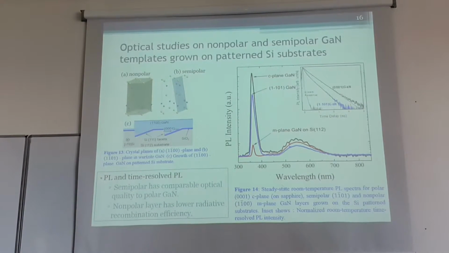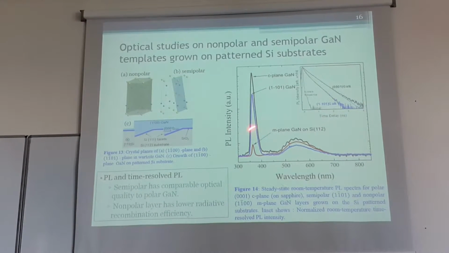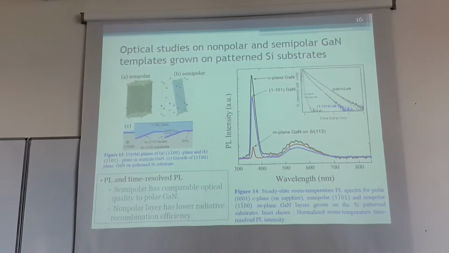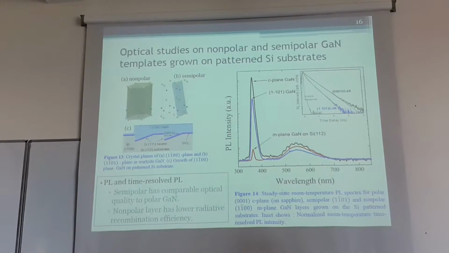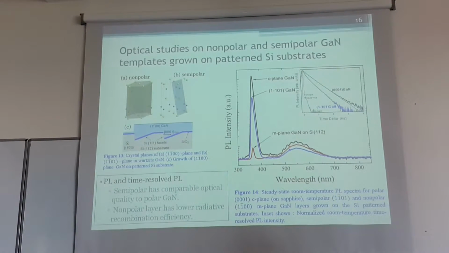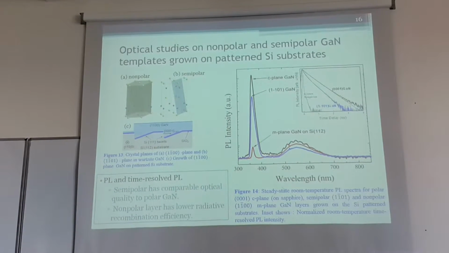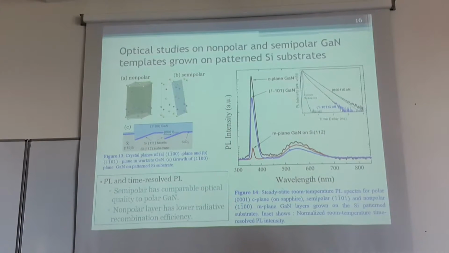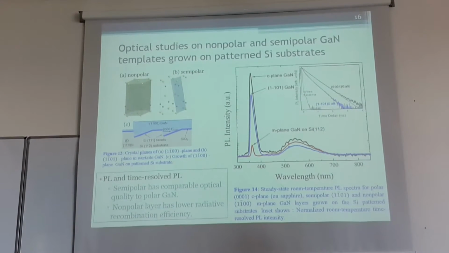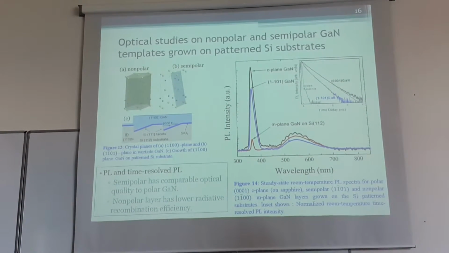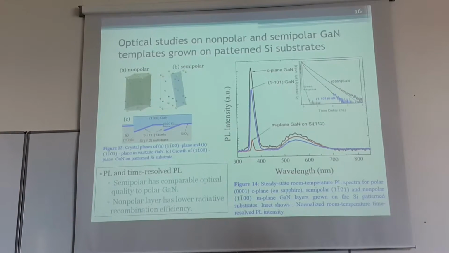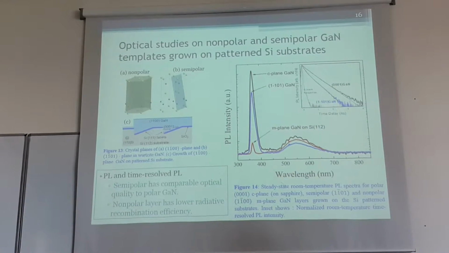We used M-plane non-polar gallium nitride and semi-polar gallium nitride substrates, and compared PL efficiency and time-resolved photoluminescence in order to compare the quality, and we found that the semi-polar has a PL which is close to a state-of-the-art C-plane gallium nitride substrate.